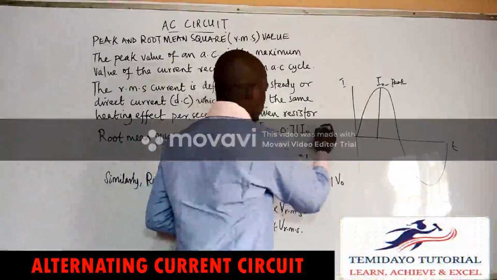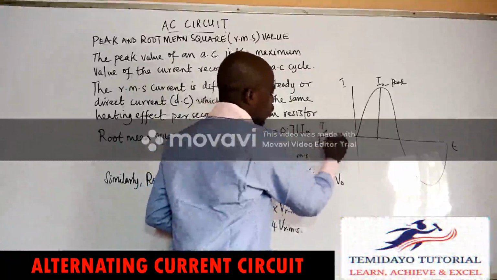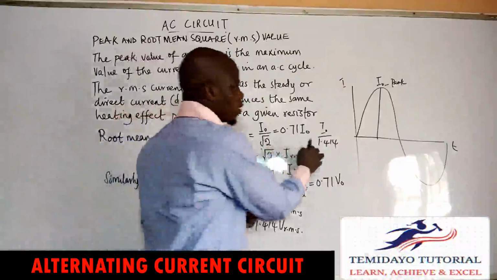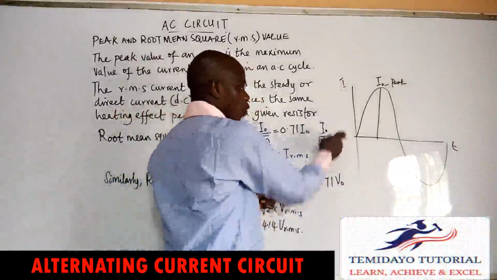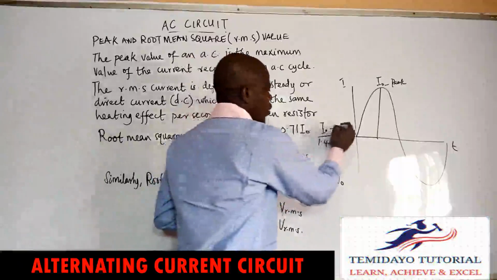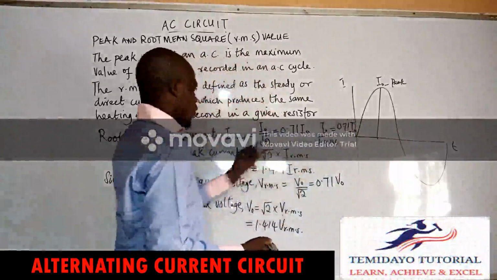The peak is I naught over 1.414, where 1.414 is the square root of 2. So 1 over 1.414 gives us 0.71, and that's why we have 0.71 I naught.